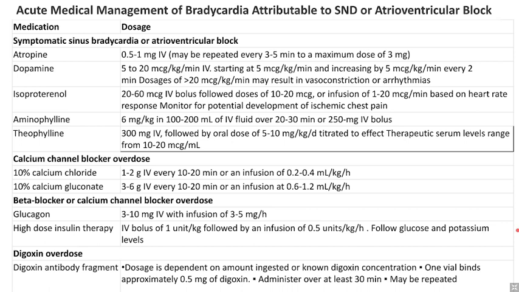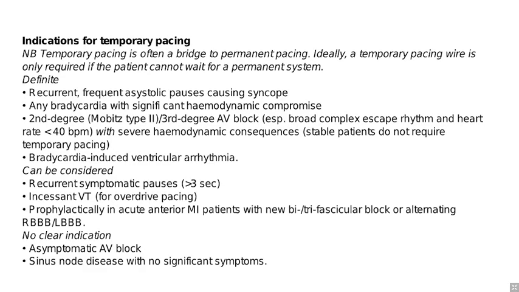If beta blocker or calcium channel blocker overdose, sometimes together, we can use glucagon or high dose insulin therapy. And digoxin overdose, we can use digoxin antibody fragment, or all these drugs, of course. Very often we start with atropine in a patient with acute bradycardia.